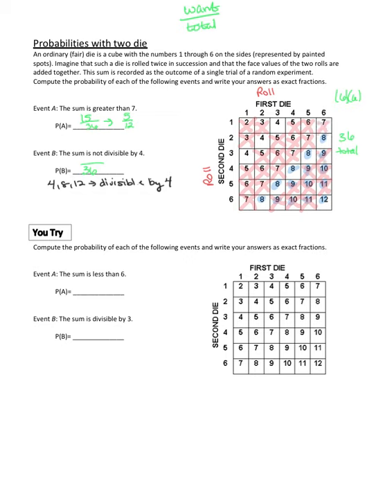And let's double check. If 4, 8, and 12 are divisible by 4, I have to make sure I did not highlight 4, 8, and 12 in red. I did not.